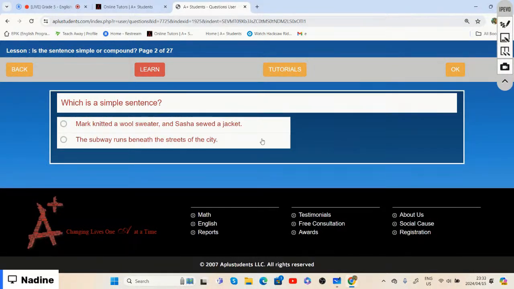Which is a simple sentence? A simple sentence has only one subject and only one predicate. Is it option one, Mark knitted a wool sweater and Sasha sewed a jacket? Or is it option two, the subway runs beneath the streets of the city? Option one or option two?